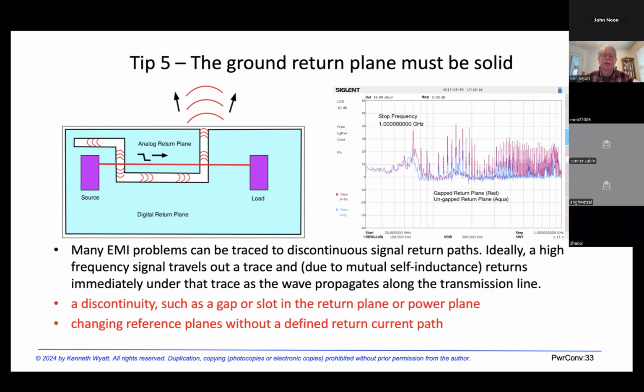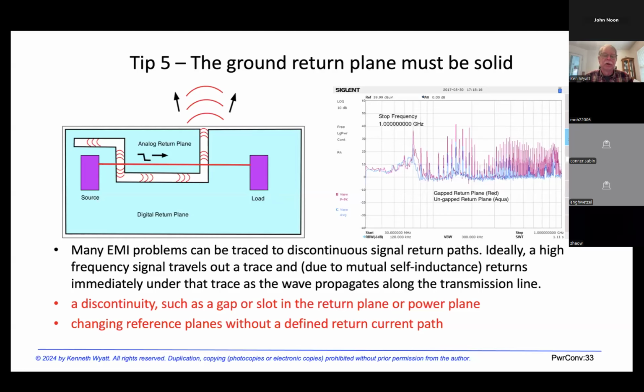If you're using a common mode filter in a DC application like automotive or military, the advice would be to remove the return plane under that common mode choke, so that the parasitic capacitance doesn't effectively short out that common mode choke.